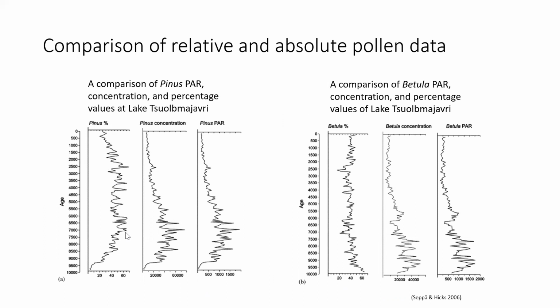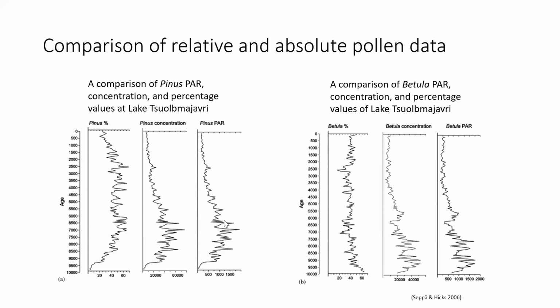At the same time, there is a decrease in the proportion of birch. So the proportion of pine is increasing, and then towards the late Holocene it is decreasing again.